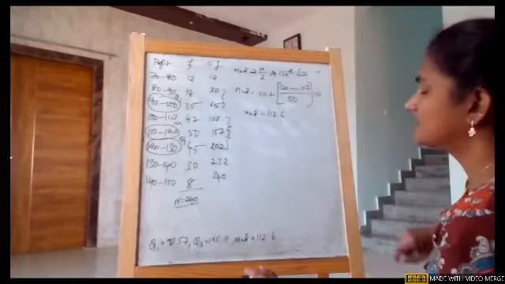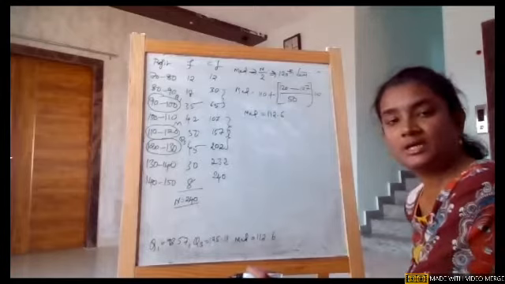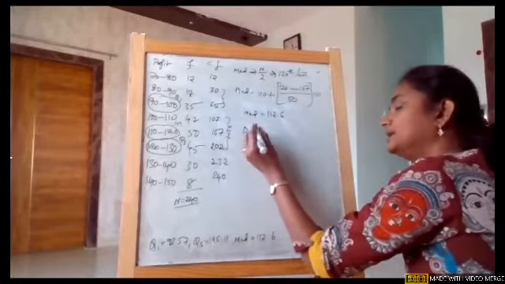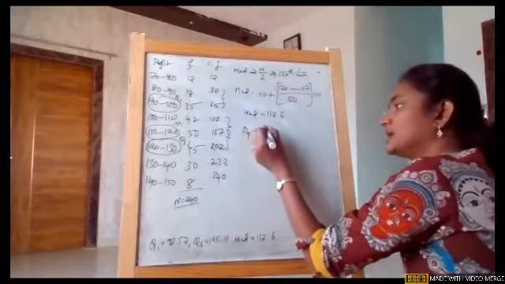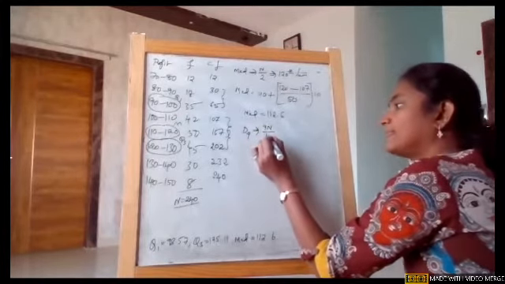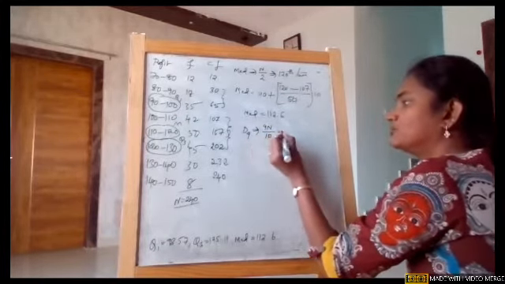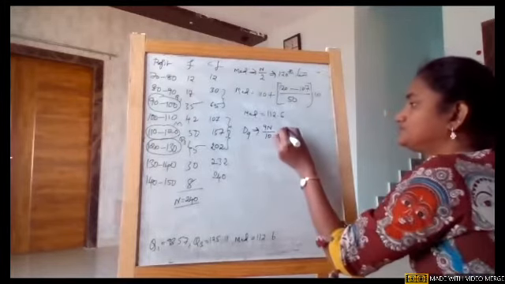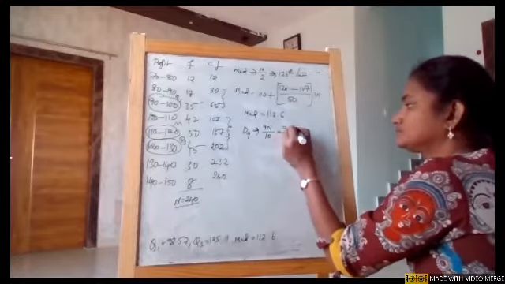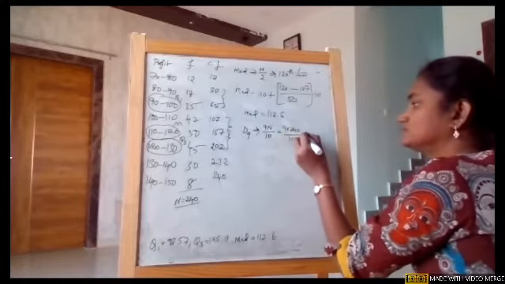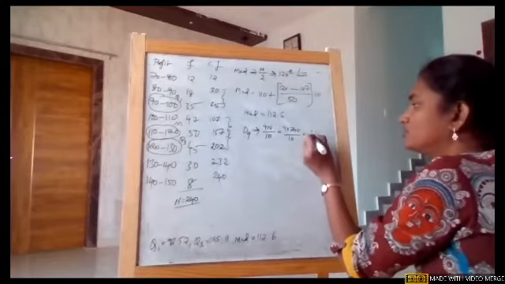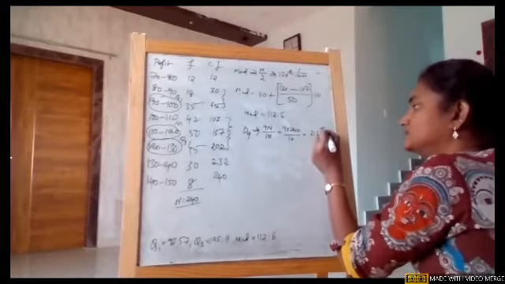So what else? Next, we found out Q1, Q3 and the median. Now we will also find out deciles. D9 means 9 into n by 10. So n is 240. 9 fours are 36, 9 twos are 18, so it is the 216th item.